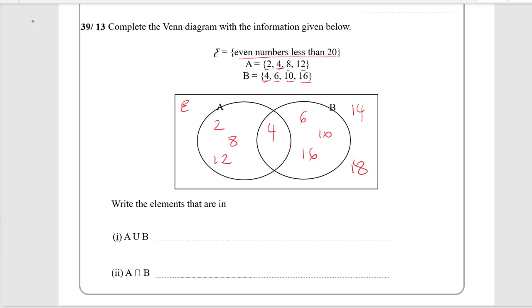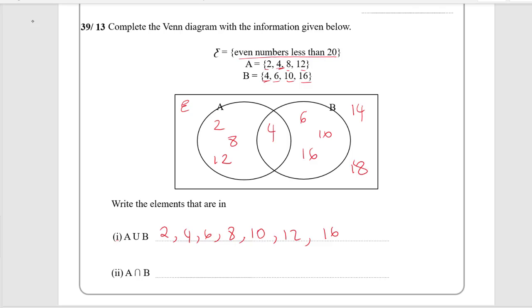Okay, so write the elements that are in A union B. So we got all the numbers in A and B and everything that they share between them. So we have 2, 4, 6, 8, 10, 12, and 16.